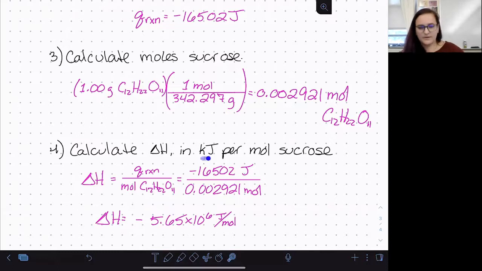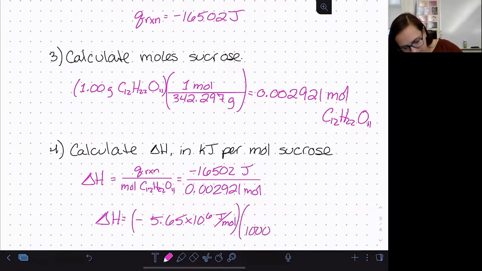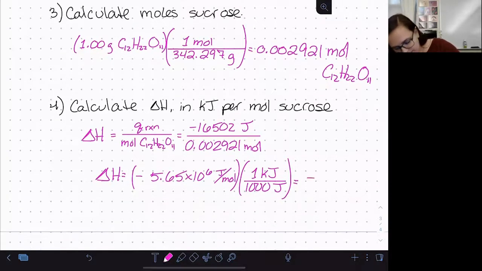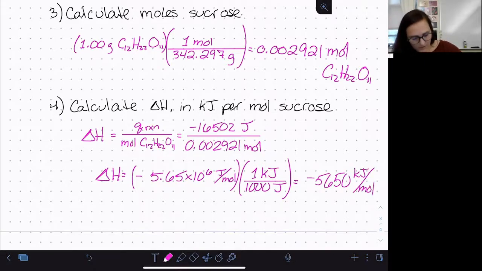But the question here specified kilojoules per mole of sucrose, so we just need to convert units. There are 1,000 joules in 1 kilojoule, so dividing by 1,000, that gets us negative 5650 kilojoules per mole.